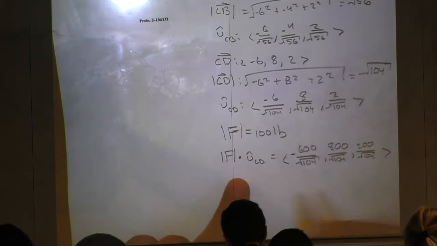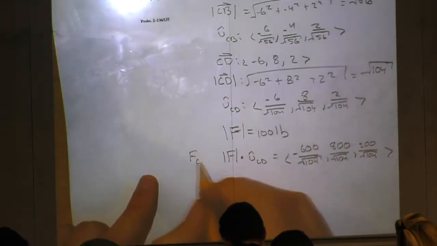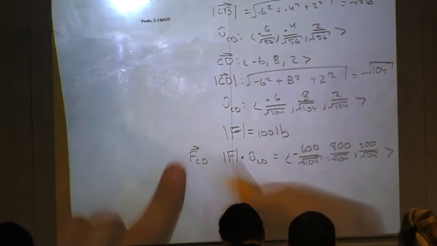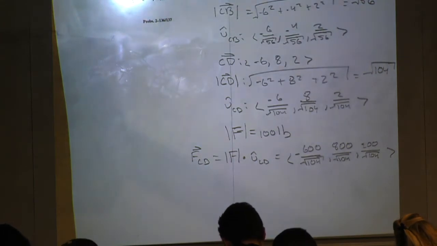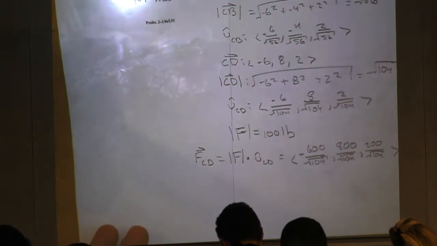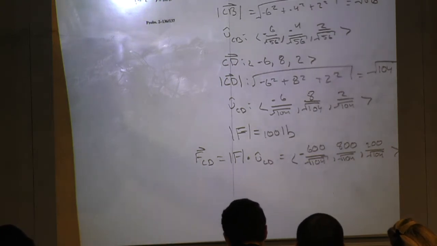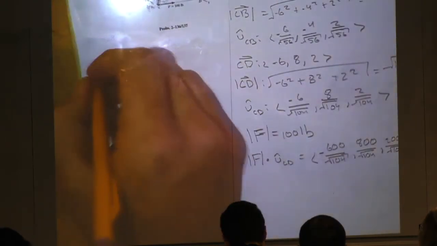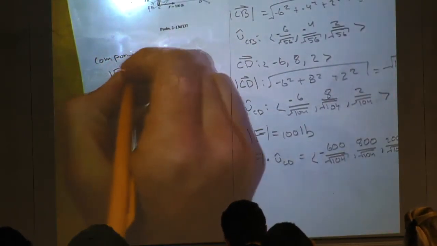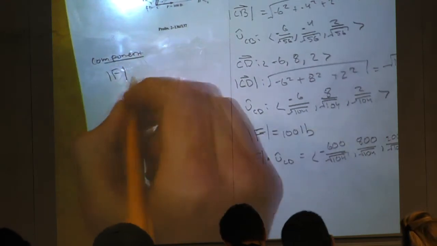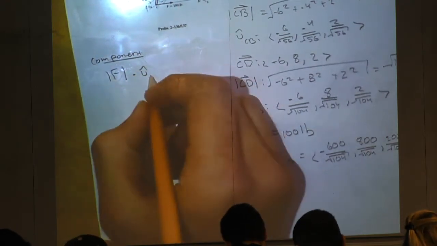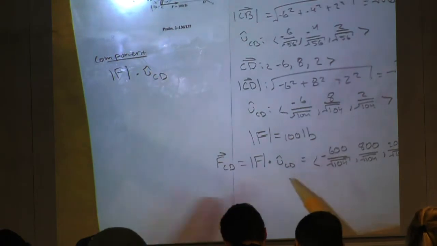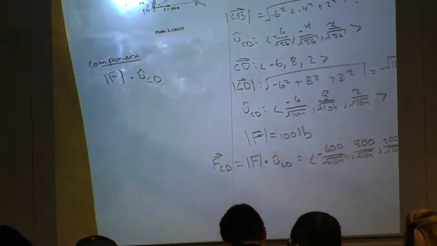All right, so now this is my force vector, right? This is force CD, and I'm going to write a little arrow above it to denote that it's a vector. All right, not a scalar. So now I need the projection. So there's two things you can get. You can get a component, or you can get a projection. And so without getting too complicated, the component is basically just what we did there. We found the component of force along that CD axis.